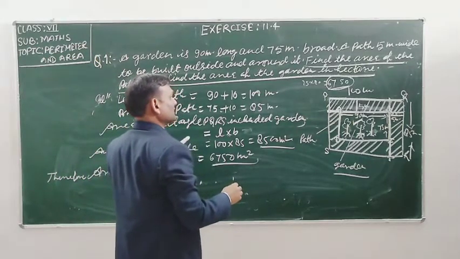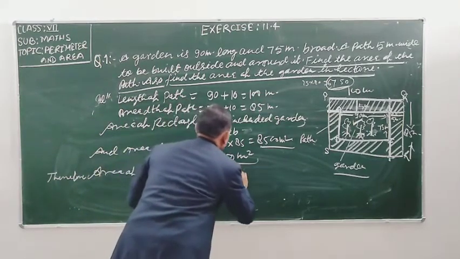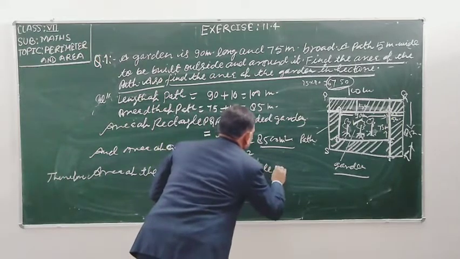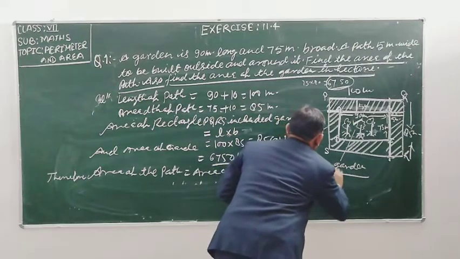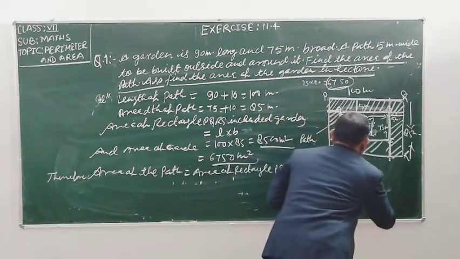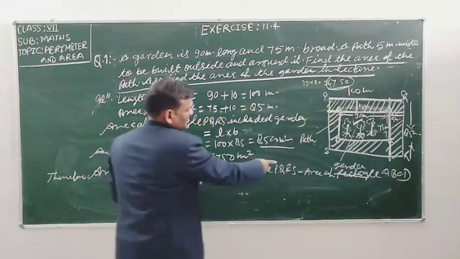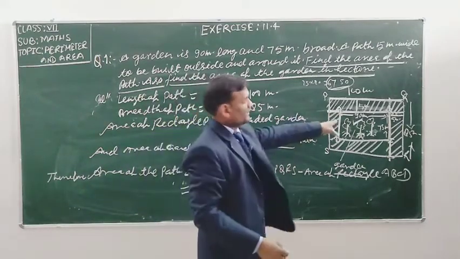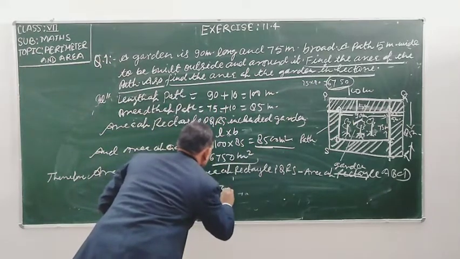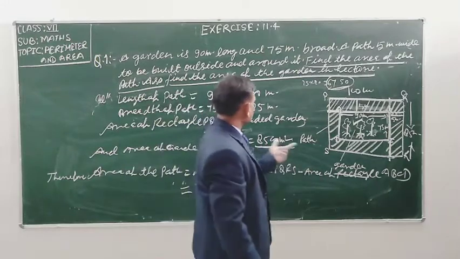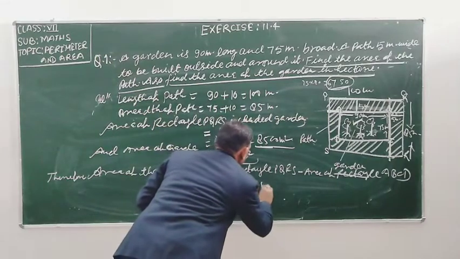area of rectangle PQRS minus area of rectangle ABCD, and area of rectangle PQRS जिसमें आपका गार्डन भी है, that is you have already found out 8,500 minus area of the rectangle, student, you have already found out in the first step, 6,750.